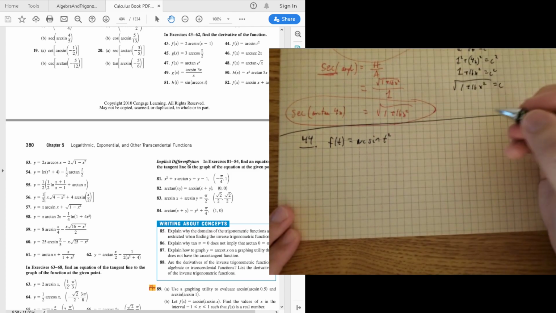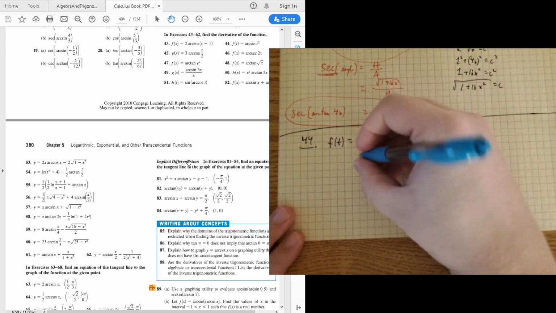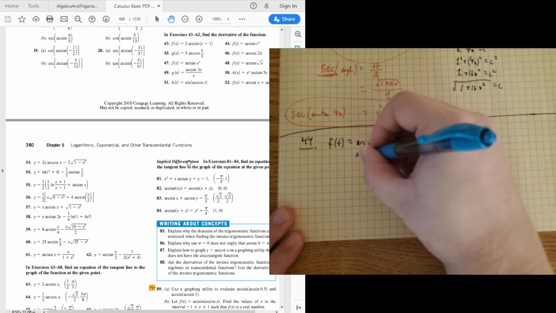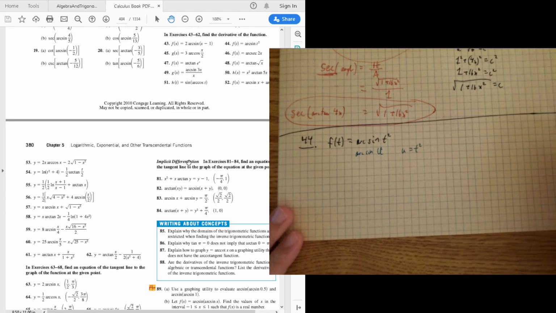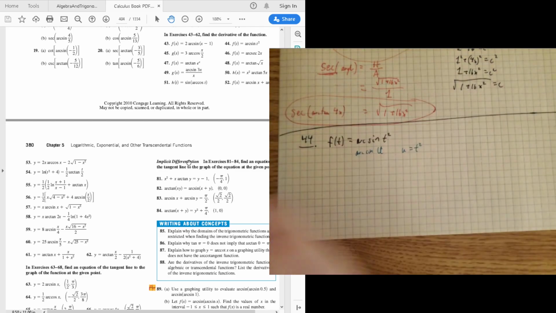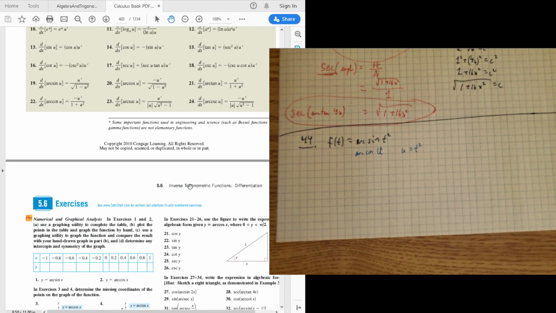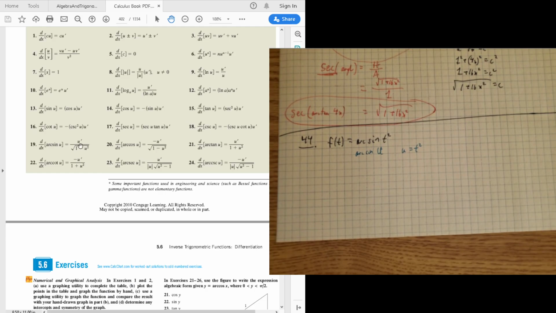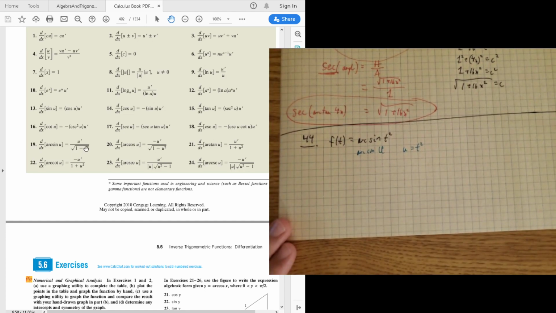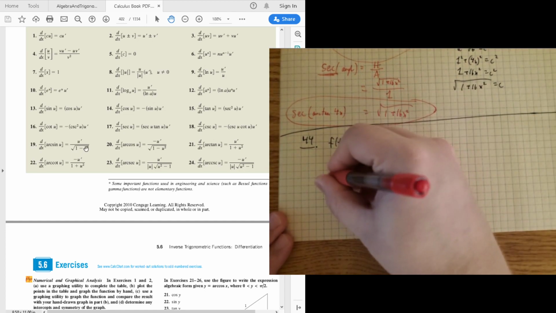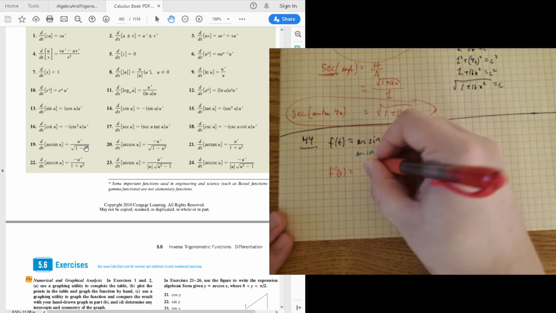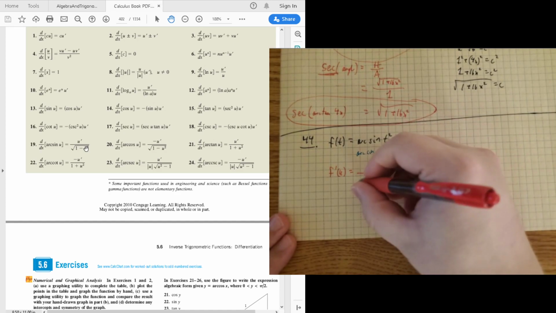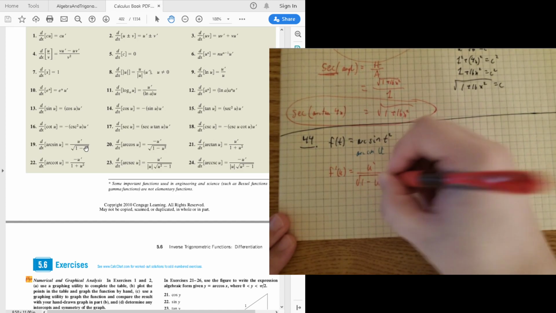of t squared. Well, in this case, I have to recognize that this is arc sine of u when u equals t squared. Which means that if I go to my formula list, it tells me on the previous page that the derivative of arc sine is u prime over the square root of 1 minus u squared.